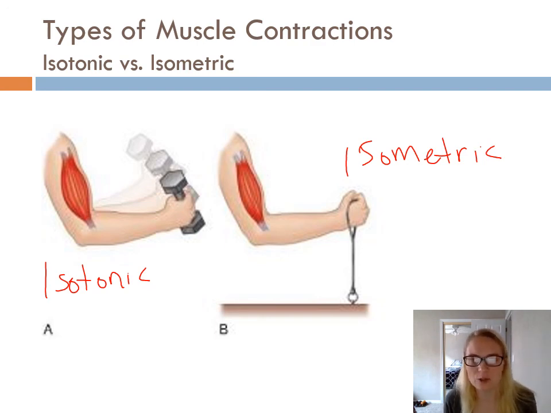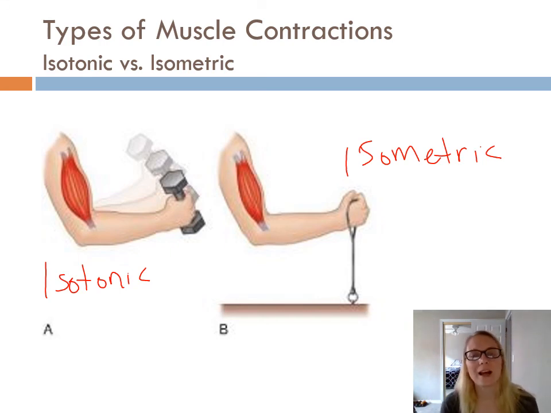But for somebody like me, there's no way I'm going to lift 500 pounds. But if I try, I'm still producing tension in my muscle. I can feel it. It's tense, but it's not changing length. So isometric is same length. Isotonic is same tension, and the length changes. Isometric is you're producing tension, but the length does not change.